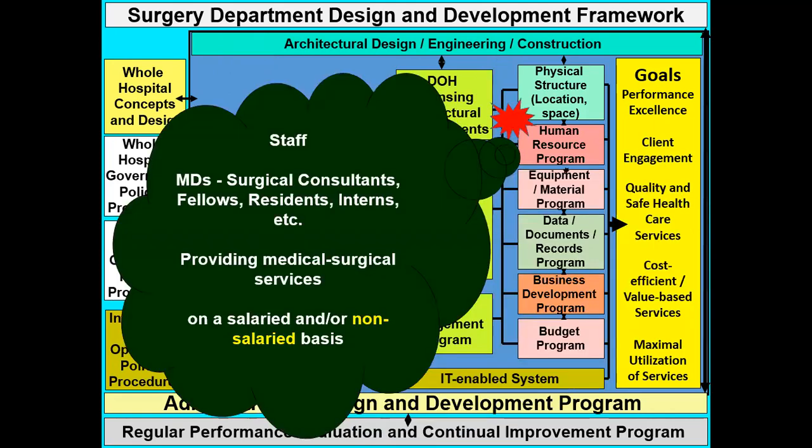Human resource programs or staff. This consists of doctors or MDs, physicians, specifically surgical consultants, fellows if there are, residents if there are, interns if there are, etc. But the minimum is surgical consultants, providing medical surgical services on a salaried or non-salaried basis, depending on the situation.